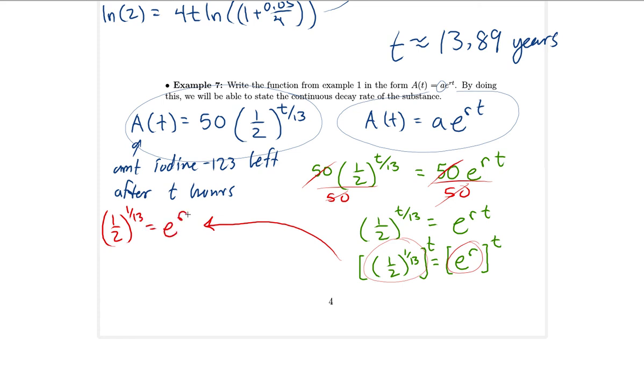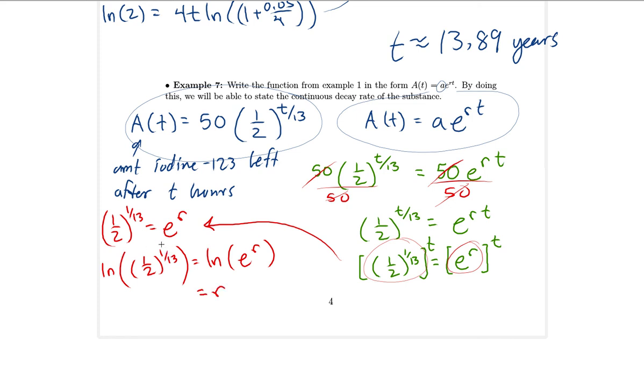But I'm trying to solve for r, right? Well, it's in the exponent, so let's take the log of both sides. I think there's a really smart log we can use, which would be the natural log, especially in this case. Why? Because there's an e here. So if I take the natural log of 1/2 to the 1/13 and the natural log of e to the r, the natural log and the e just zap each other and r goes by itself.